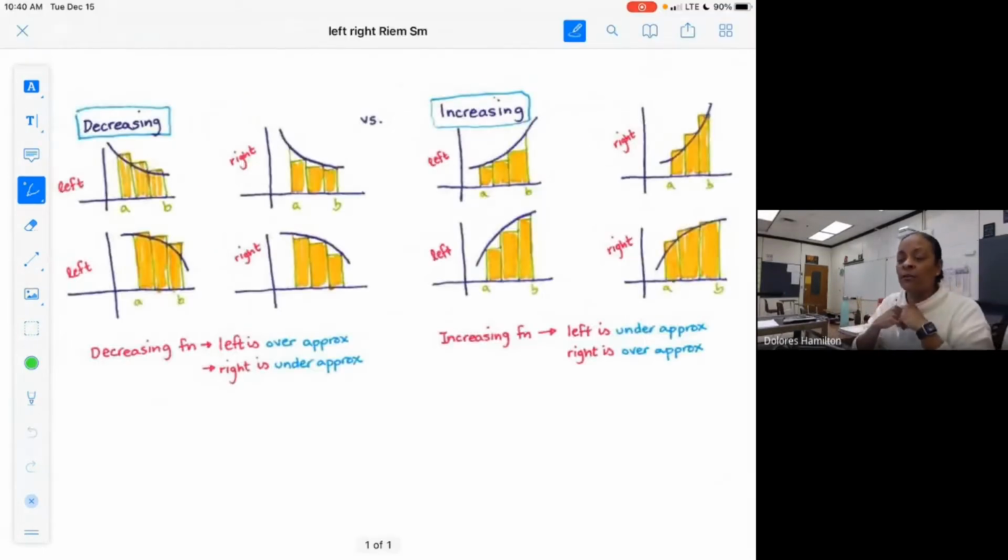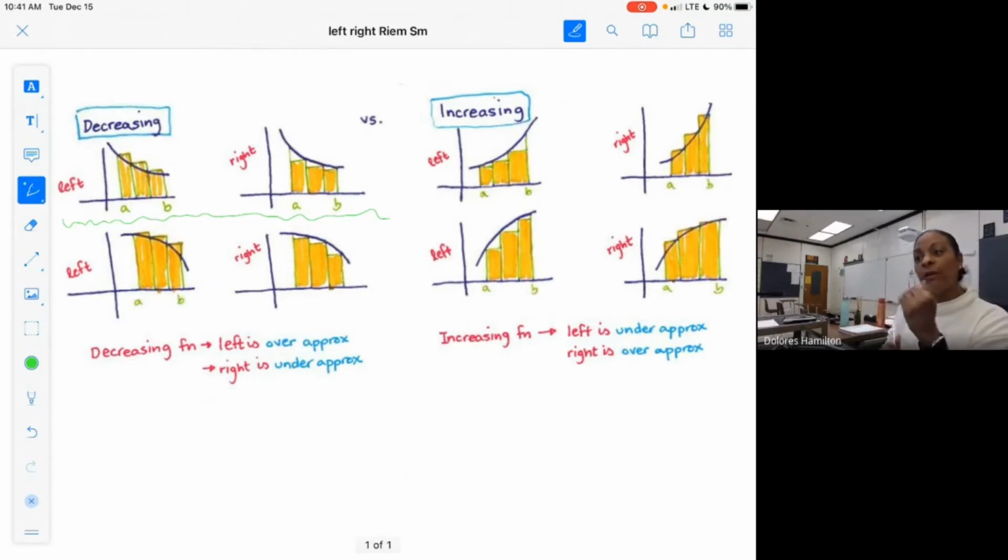So what's on the screen right now are just examples of how a function could be sketched as either decreasing or increasing. You'll notice here, those top two are supposed to be the same function. It's decreasing, but it's concave up, whereas the bottom two are decreasing and concave down. Doesn't matter, as long as they are decreasing.